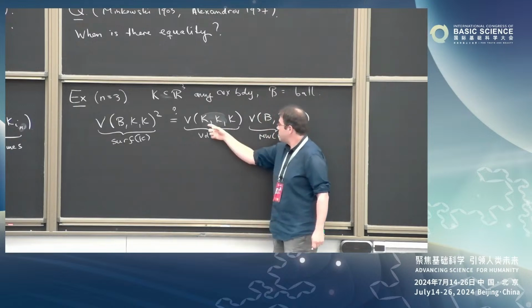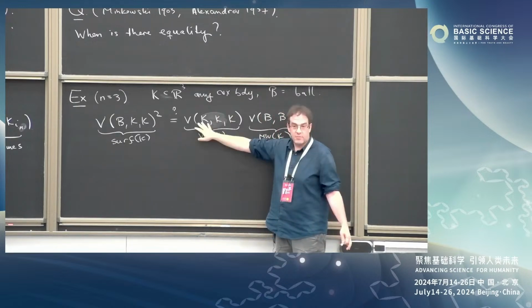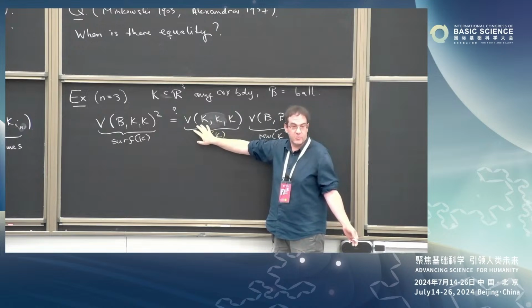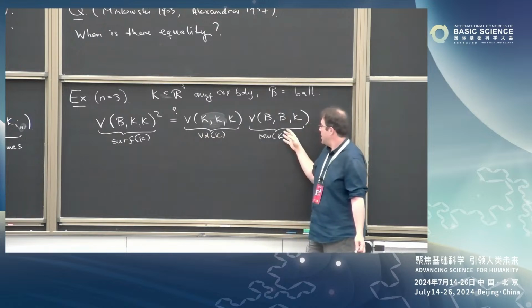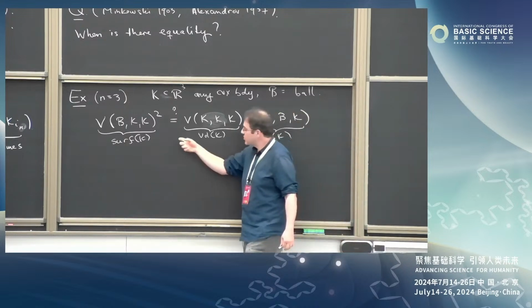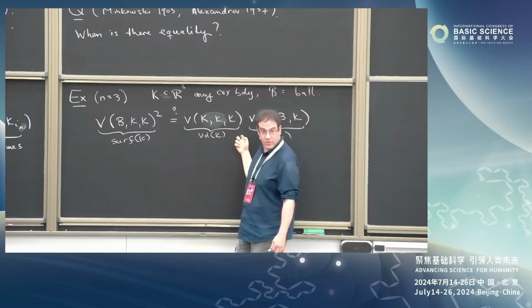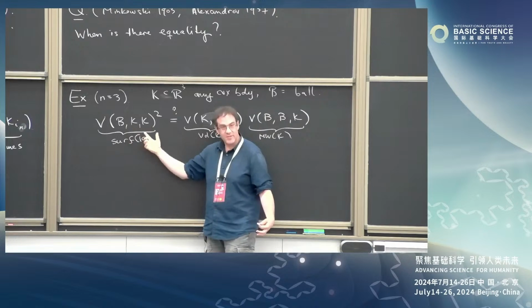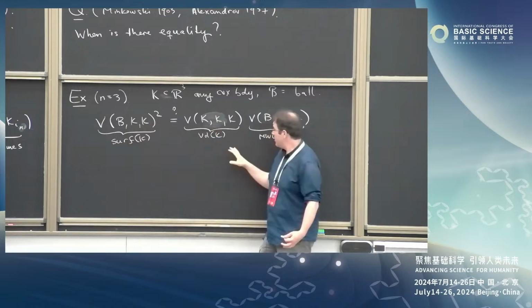So if, for example, I chose a body that was fixed, let's say the volume is 1, and I fix the mean width, then I know that the surface area constant is 3. Equality in the surface area, bodies.